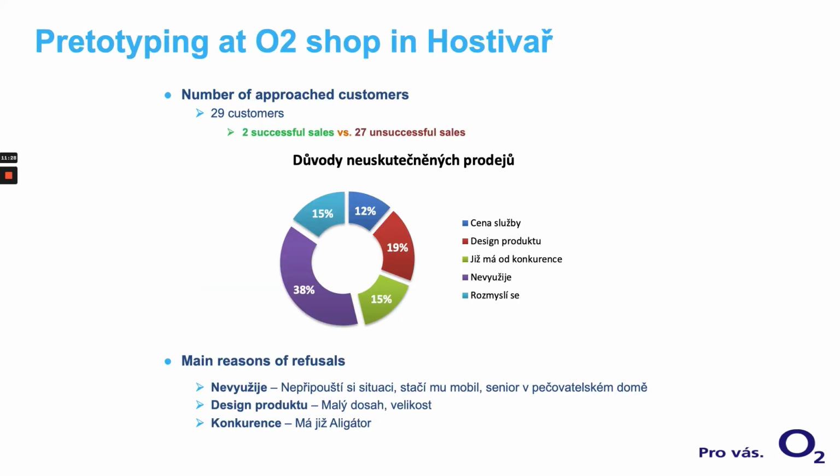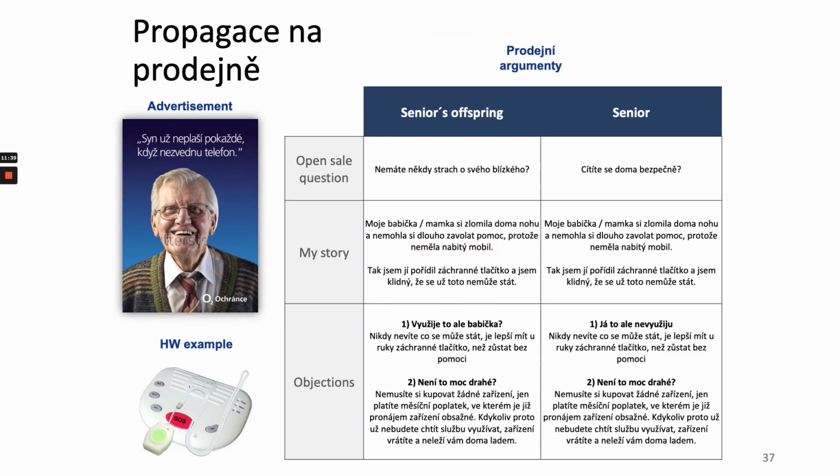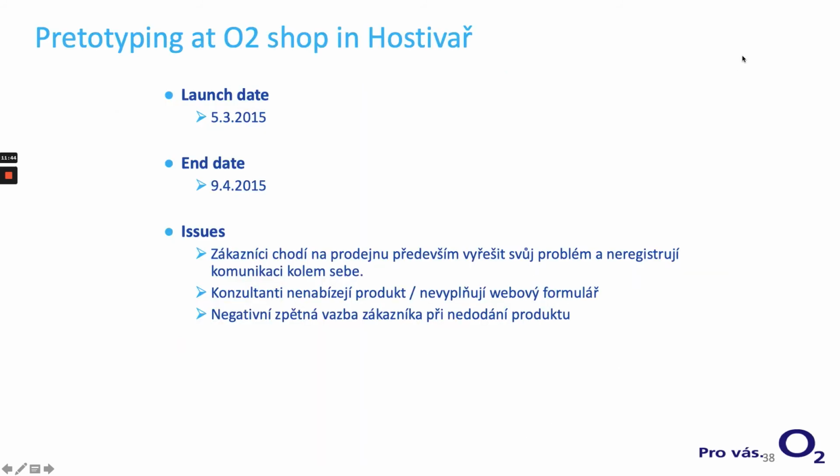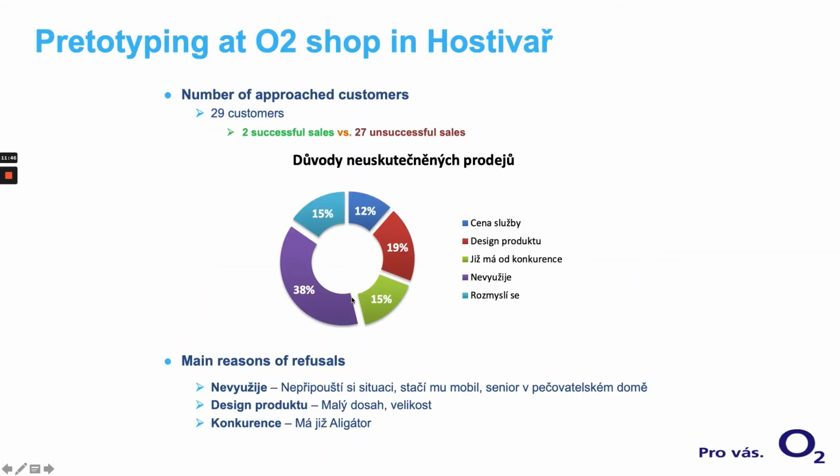The results were that the product is fine, the price is fine, but we thought that our customers would be seniors and seniors' offspring. But when we asked seniors, old people, would you like to buy this product for yourself?